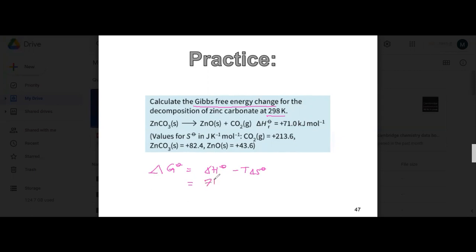So 70 times 10 to the power of 3 joules per mole, minus T. T is 298 times delta S. We should find delta S: product minus reactant. So the product is zinc oxide plus carbon dioxide, minus 82.4.